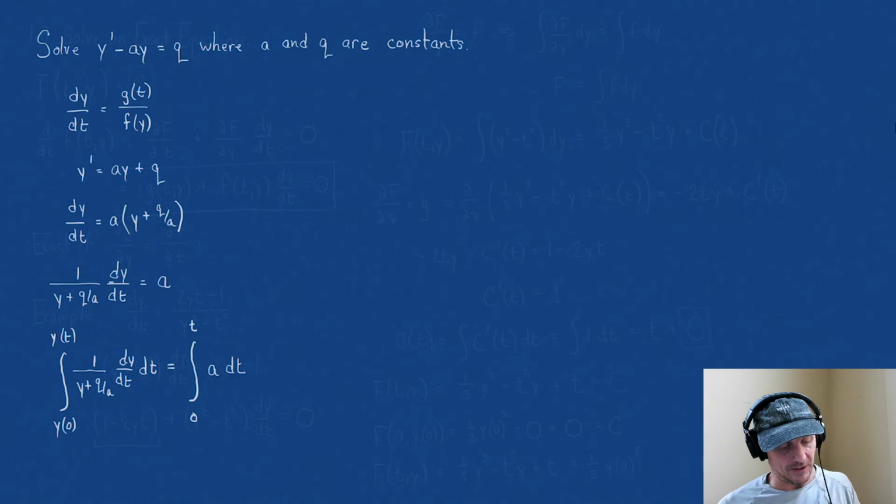All right, let's integrate this. The left-hand side, if you made a u substitution, is going to give you the natural log of y plus q over a. So I'm going to just write that answer.